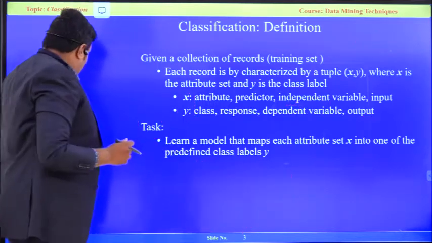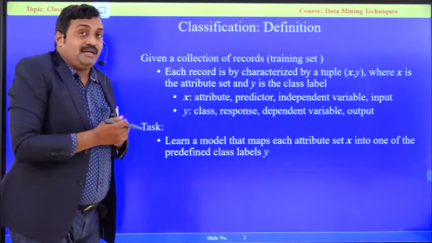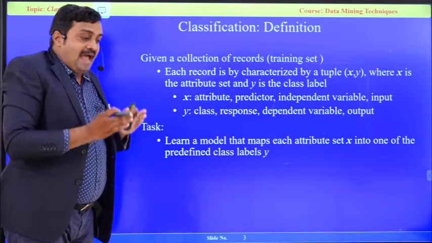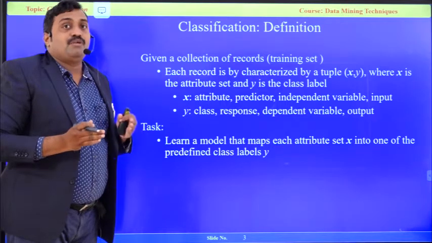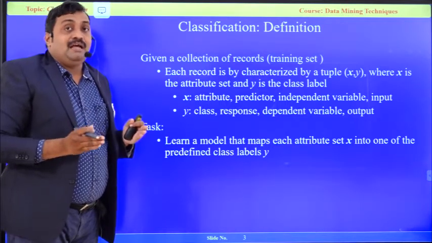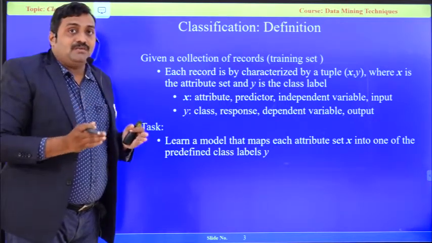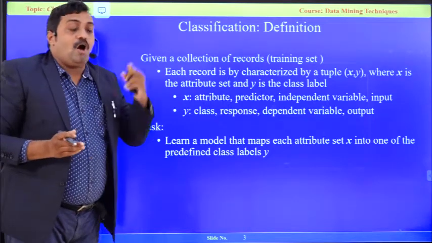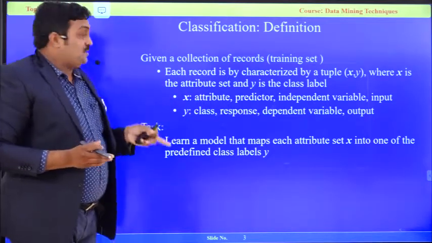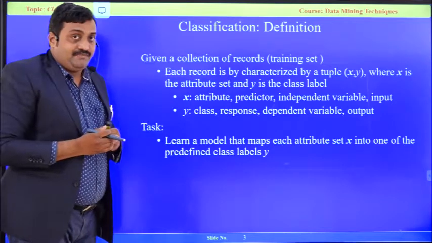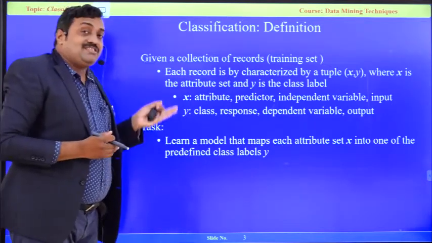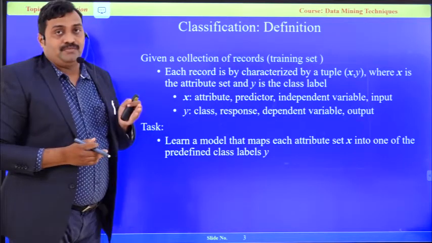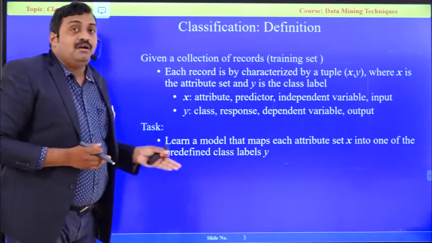So classification is, whenever we have data with a label, we classify the data based on the independent and dependent variables of the object. Independent variables belong to X and the dependent variable belongs to Y. Y gives the output, X is the input. Based on that we are going to classify.